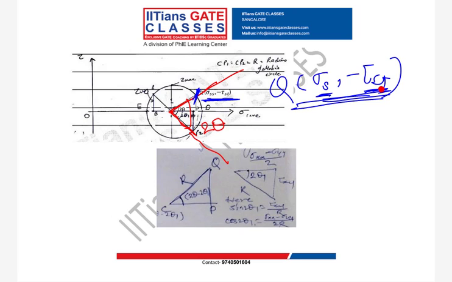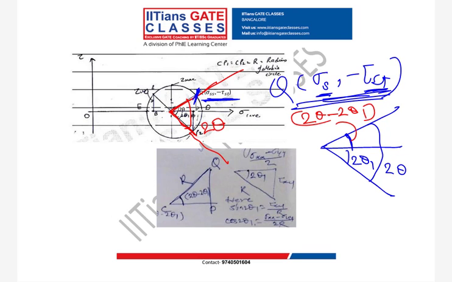Okay, now look here, this is like this. Here you have one angle which is 2 theta 1. This is another angle 2 theta. Right? Then what will be this angle? So you can see here, this is one triangle where the angle is 2 theta minus 2 theta 1.